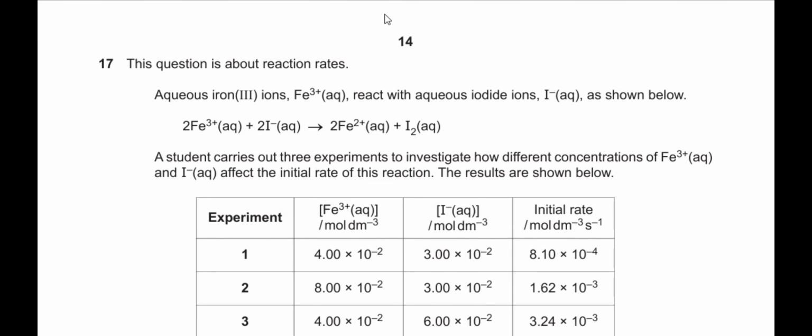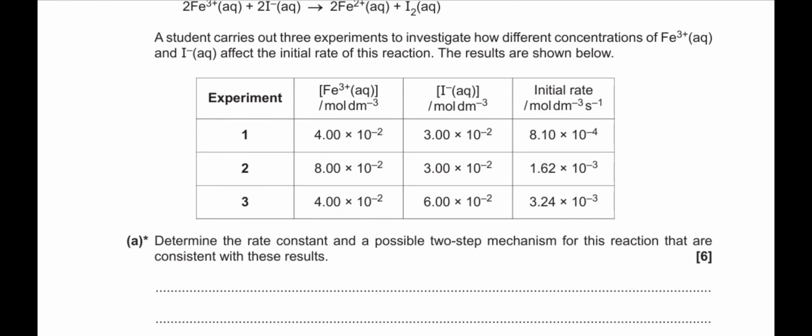A student carries out 3 experiments to investigate how different concentrations of Fe3+ aqueous and iodide aqueous affect the initial rate of this reaction. The results are shown below. So 3 experiments with different concentrations of the reactants and the respective initial rates are given in the table. Question: determine the rate constant and a possible 2-step mechanism for this reaction that are consistent with these results.